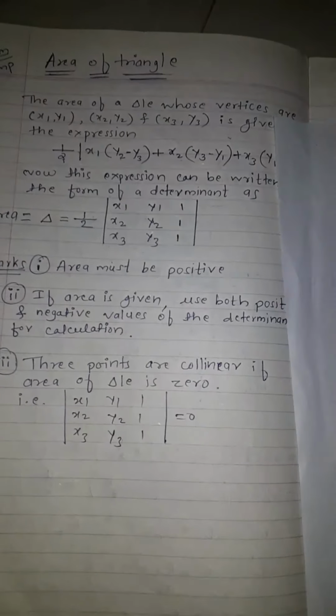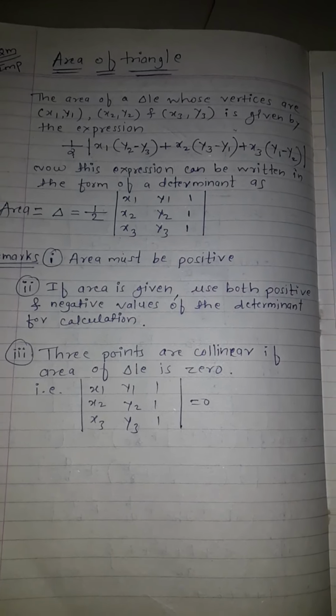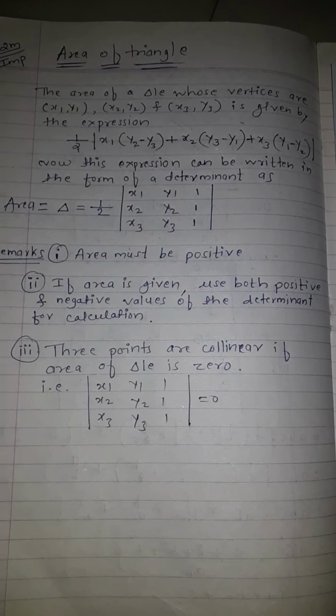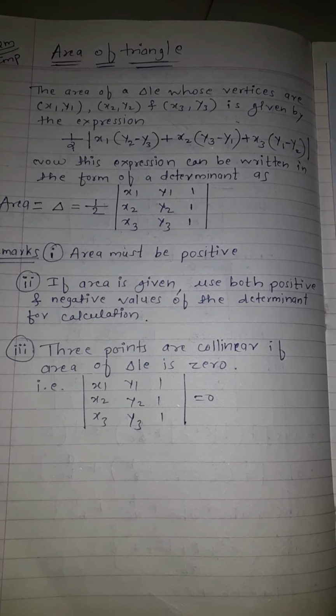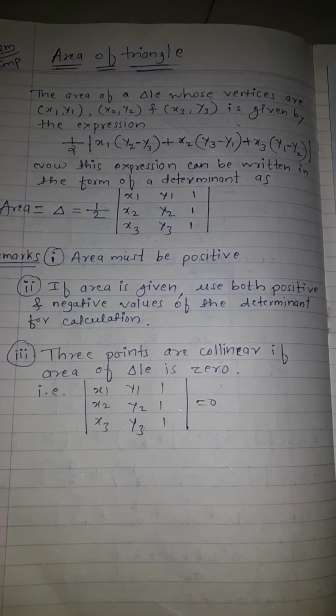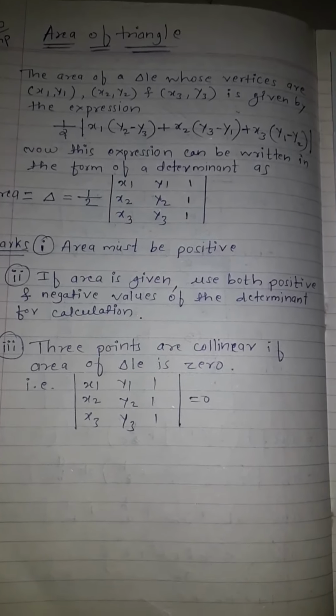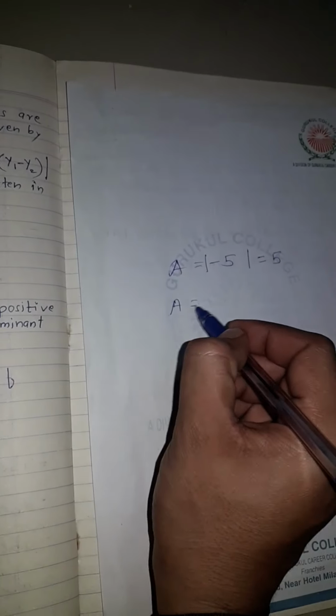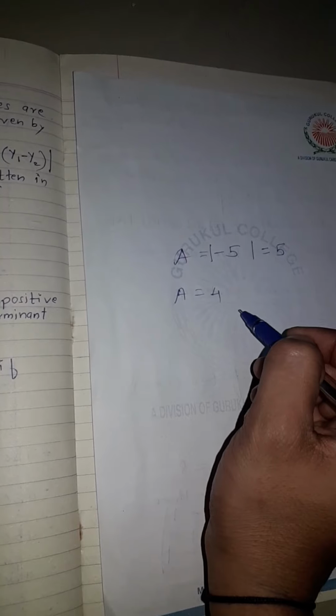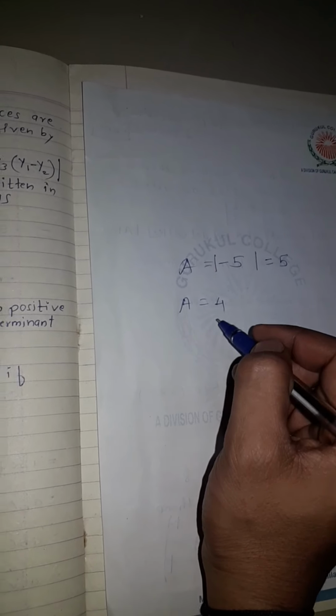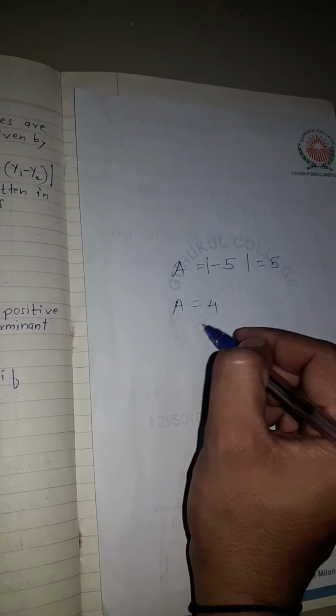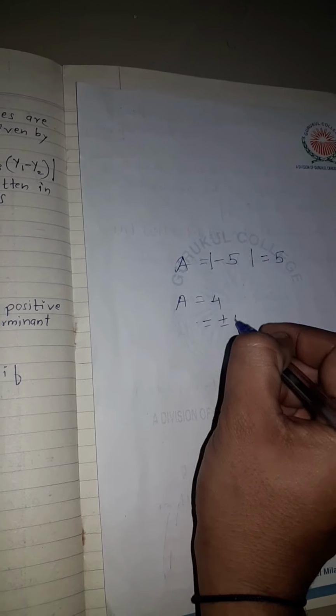Second, if area is given, use both positive and negative values of the determinant for the calculation. Suppose the area is given as 4, while calculating the problem you have to take it as plus or minus 4.